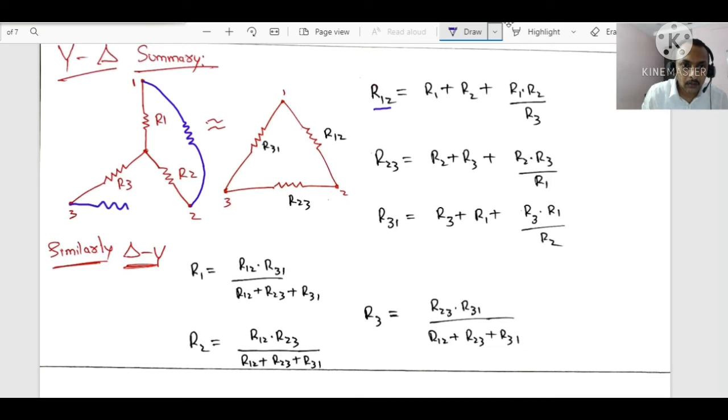Similarly, the 2,3 value will be the R23 value, and the 3,1 value will be the R31 value. If delta is given and you want star, this is the R1 value. Right?